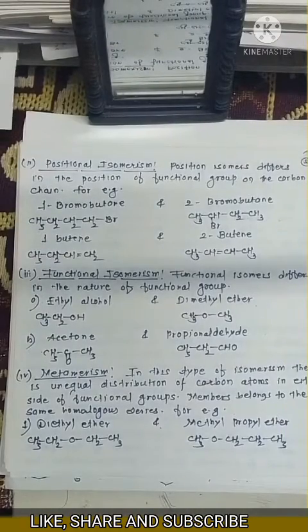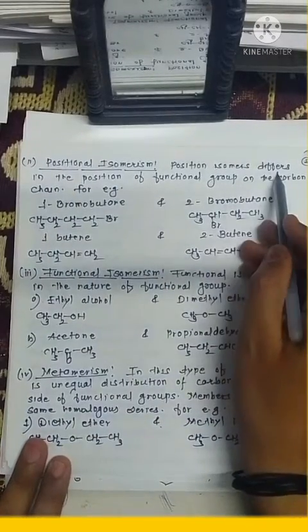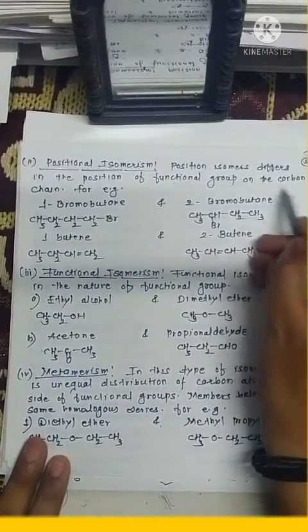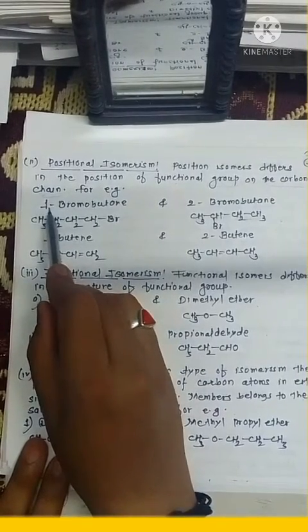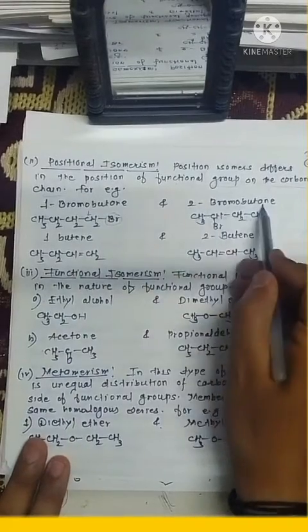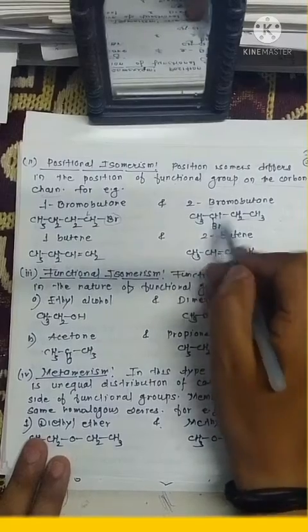Now we are going to discuss what is meant by positional isomerism. Positional isomers differ in the position of the functional group on the carbon chain. For example, just see the structure of 1-bromobutane. Here bromine is attached to the first carbon atom. In 2-bromobutane, bromine is attached to the second carbon atom.